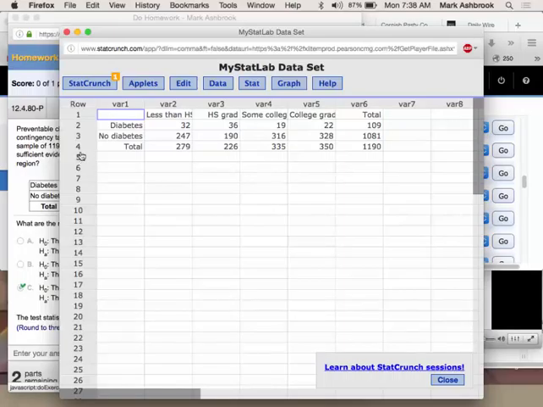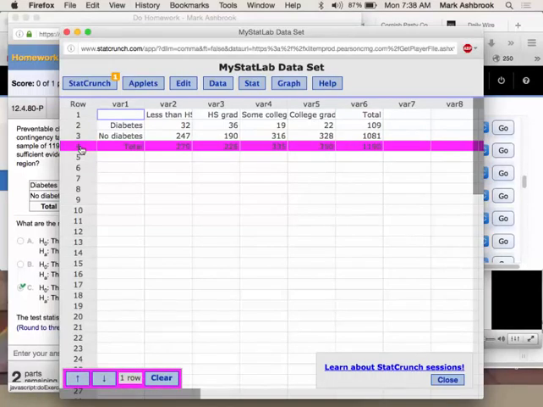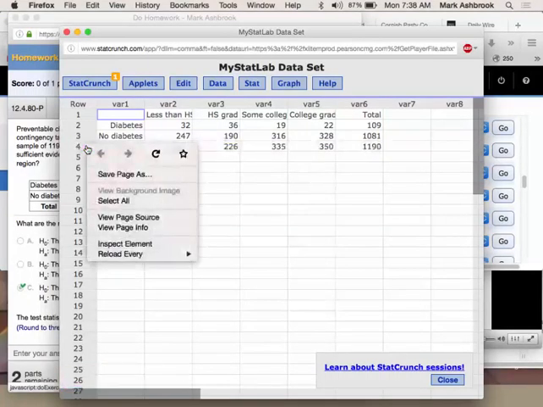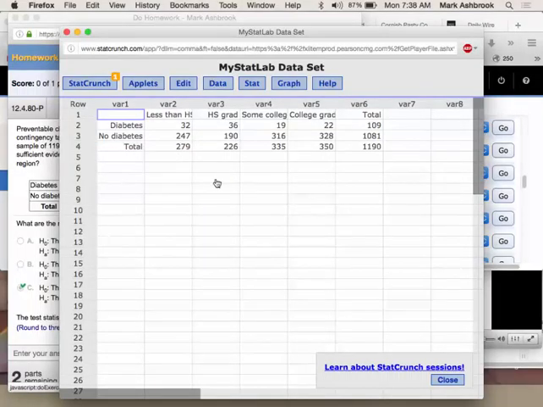Okay, so we got to get this total row out of here because it's going to do it for us. So we'll clear that row. That didn't work. Anyway, we'll just delete these out.